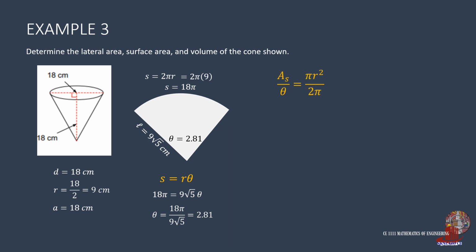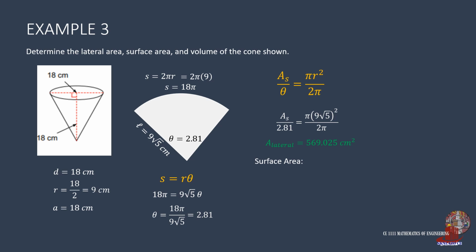Using ratio and proportion for the area of the sector, we have A sub S is to 2.81 as equal to pi times the square of 9 root of 5 is to 2 pi. The area of the sector, which is also the lateral area, is 569.025 square centimeters.